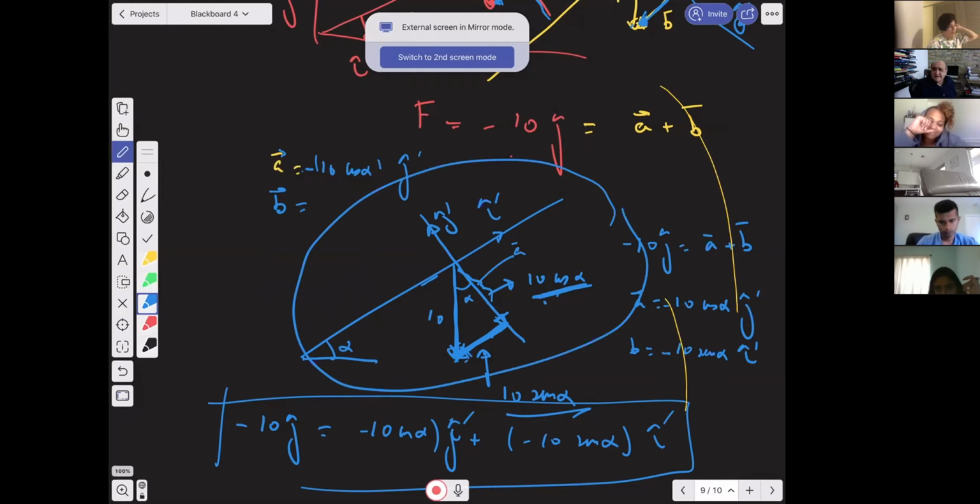I have another question. When we're doing problems like this with force, you have to use an angle that's on the y-axis, not on the x-axis? Because I remember this question from one of your videos.